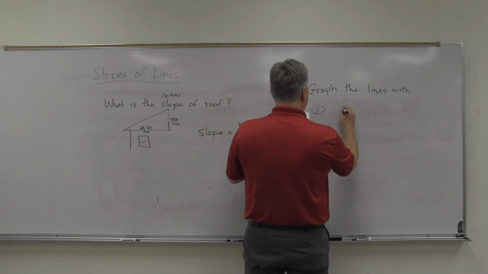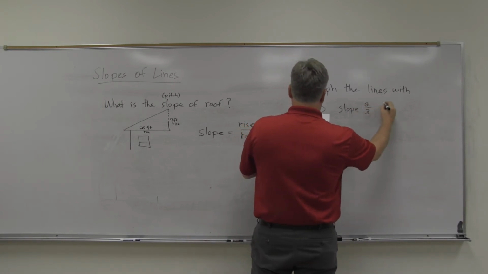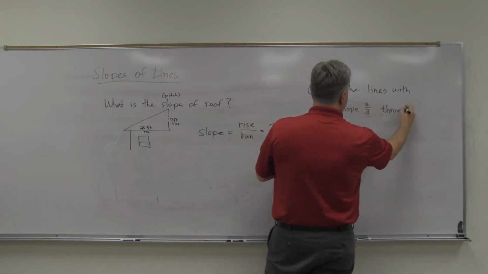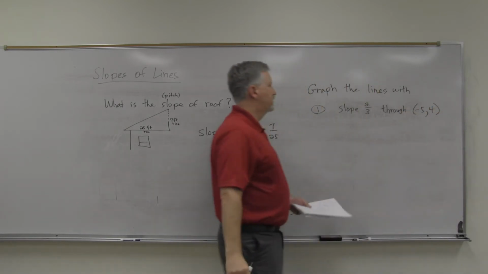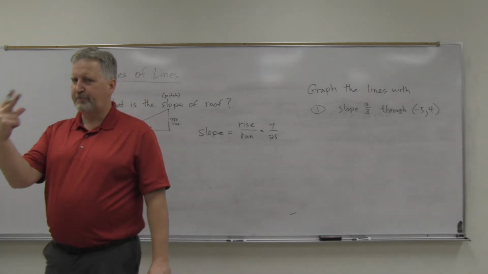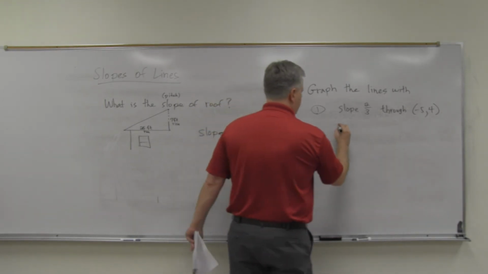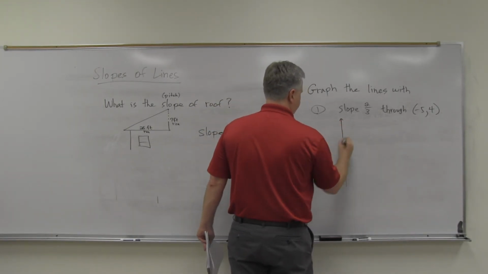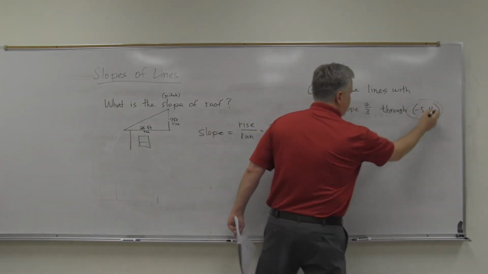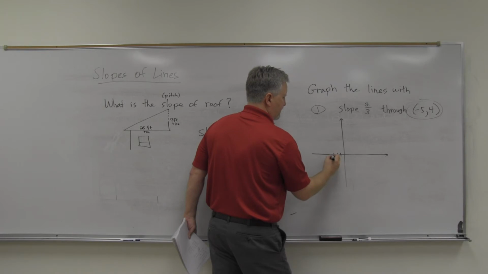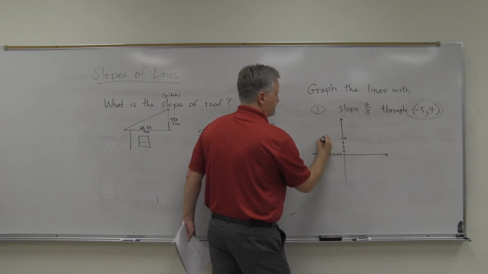All right, so graph the lines with, number one, slope 2/3 through the point -5. Well, we still need 2 points. We've got 1 point, and we've got a slope. So how can we utilize that? Well, here's one way to do it. We've got 1 point, so we definitely go to -5 for x, and for y, it's up here.